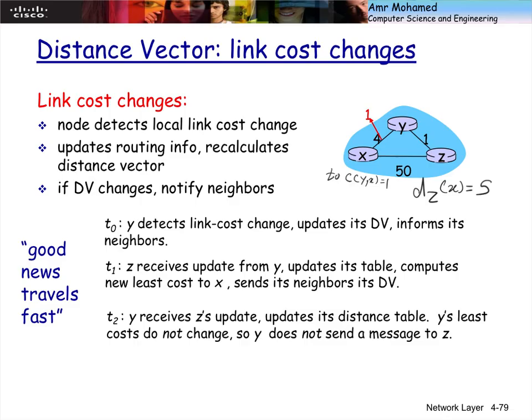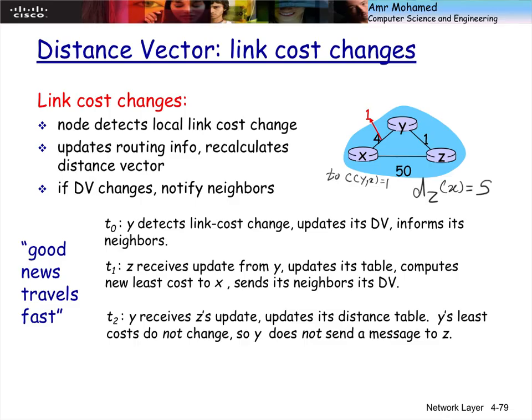Okay. So now, let's see the implication of this. There is a discrepancy now in the information. We know this because we have a global view. But for the decentralized nodes to rectify this situation, they know nothing but applying Bellman-Ford, right? So at time t0, node Y will receive the distance from Z to X as 5.